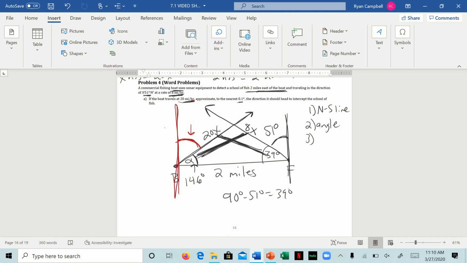How do we figure out what this angle is? 90 minus that, right? So when we do 90 minus that, we end up with 75.4 degrees. So what direction are we going? North, 75.4 degrees east. Good.